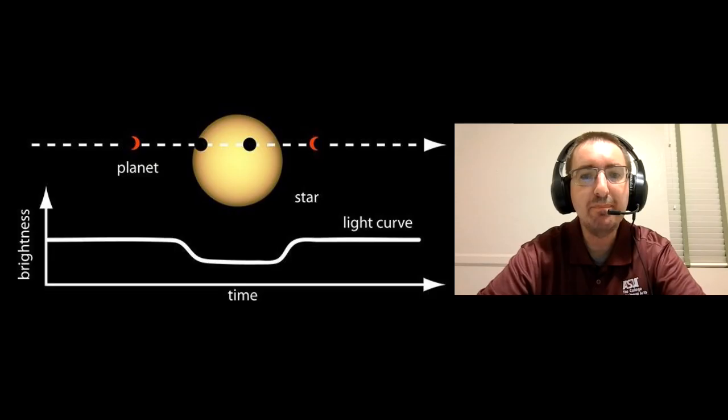This happens when a planet passes in front of its star from our point of view. When it occurs, the star's brightness drops slightly for a short period of time. By carefully measuring these tiny dips in light, scientists can detect the presence of a planet.